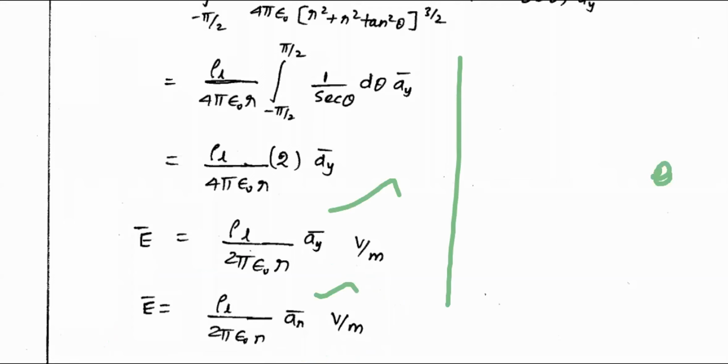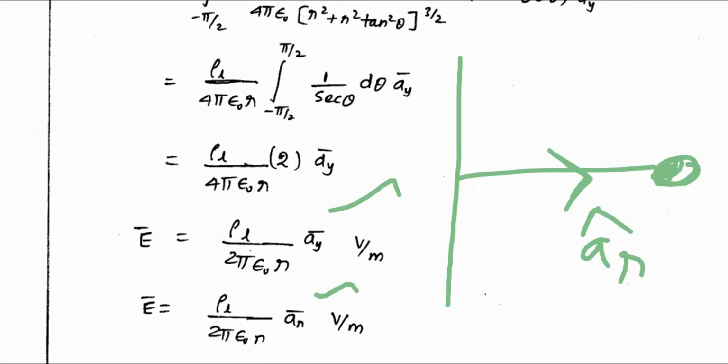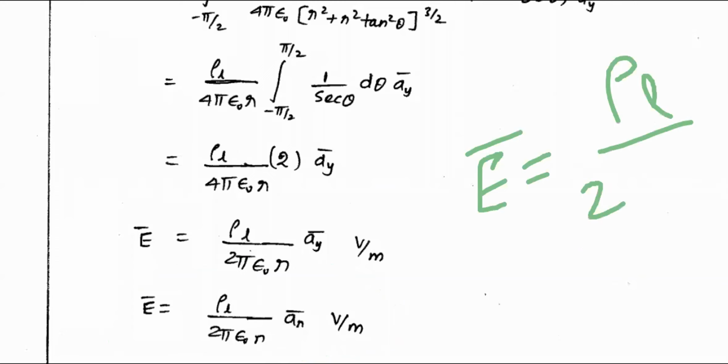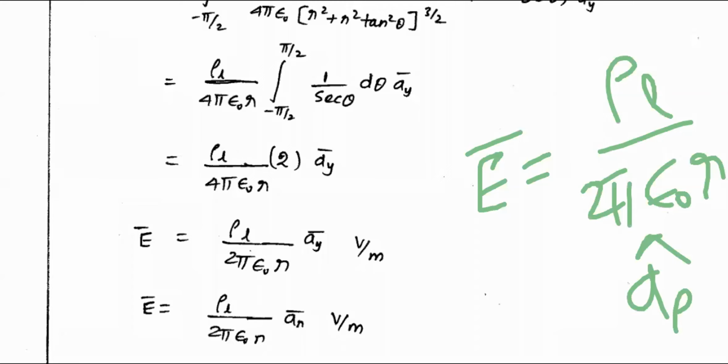They have chosen a point here. Once you are here, your vector will be here only. But if you go along the surface of that cylinder, your vector will change. So in a generalized format, you can put it like this: ρL over 2π epsilon naught ρ, aρ. This is the generalized format.